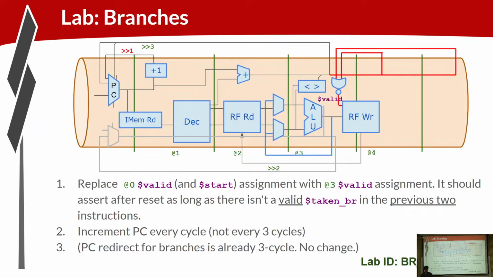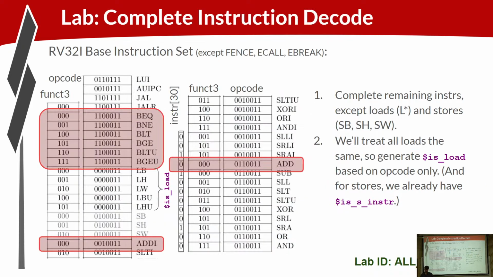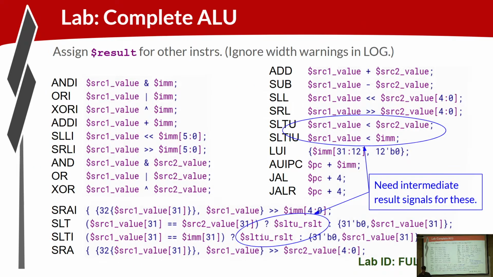Then we changed our valid so that we could execute instructions every third cycle now that we have logic to address both hazard cases. That completed the control logic for our CPU, and then we filled out the CPU to add the remaining instructions.